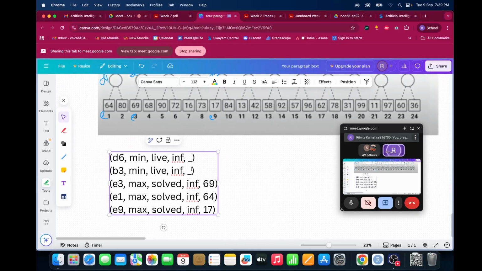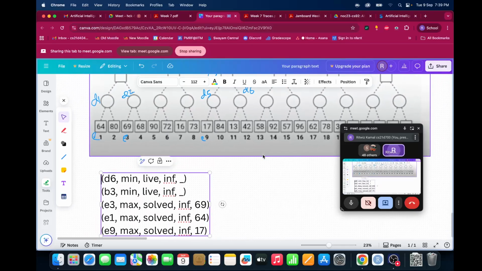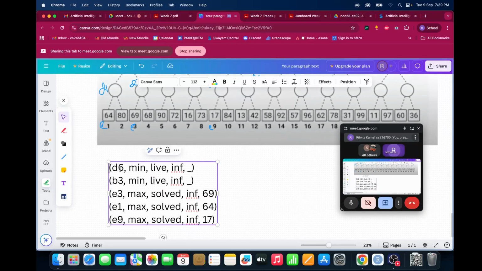Okay. Now D6 is at the top. So when D6 will be popped, what will be added? E11. E11, which is a max node, live and infinity bound, current value not known. It will return a value of 13.